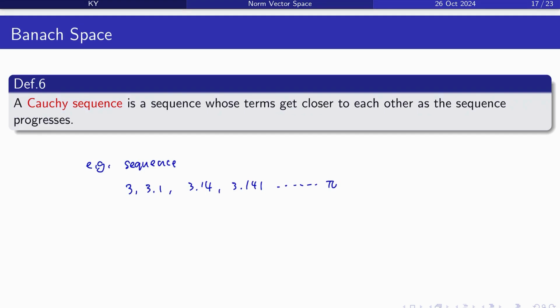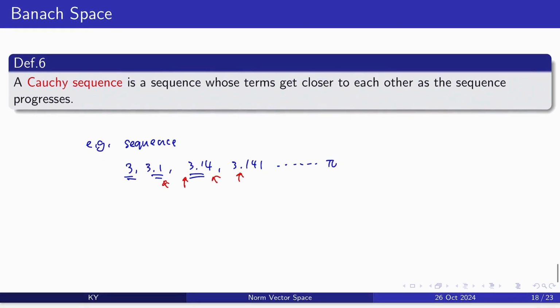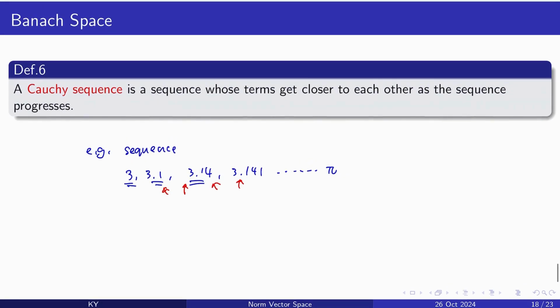But that's not the point. We can see that each one of the terms, 3.1 and 3.14, 3.141, are quite close to each other. So its values get closer to each other as the sequence progresses towards a value, right?